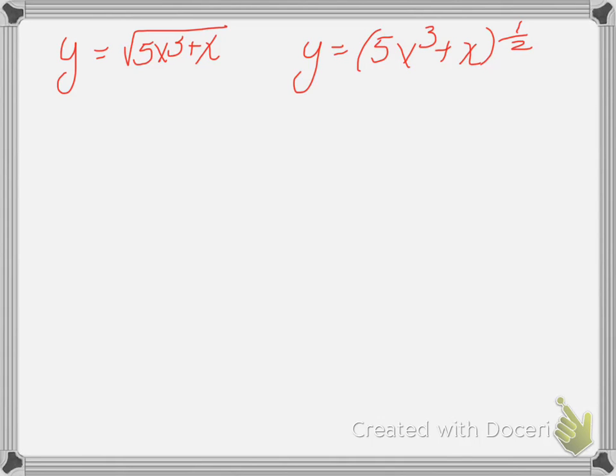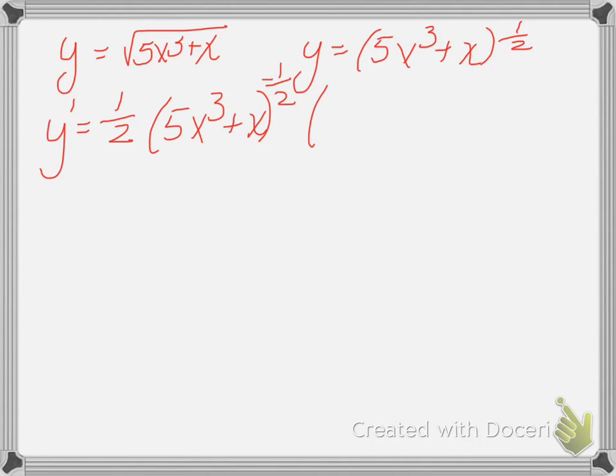Okay, so whenever it's a square root, it's just to the 1/2 power, and now it's in the correct form for a chain rule. So you're going to bring down that 1/2. You're going to rewrite the inside. 1/2 minus 2/2 is a negative 1/2, and then you need the derivative of the inside.